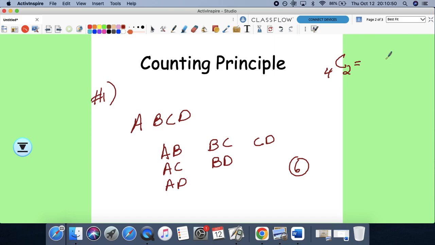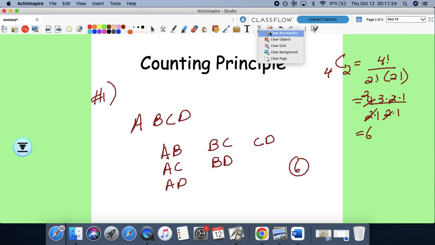So it would be 4 factorial over 2 factorial, and then 4 minus 2, so 2 factorial. 4 factorial is 4 times 3 times 2 times 1. 2 factorial is 2 times 1, and 2 factorial again is 2 times 1. Let's simplify, and you get 6 either way. So it's really up to you.